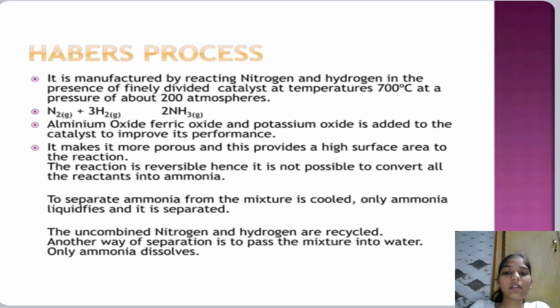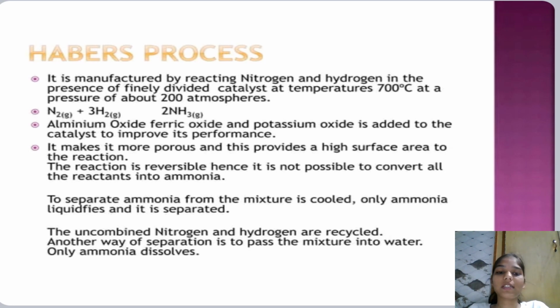When nitrogen reacts with hydrogen, we get ammonia. Aluminium oxide, ferric oxide and potassium oxide are added to the catalyst to improve its performance. It makes it more porous and thus provides a high surface area to the reaction.